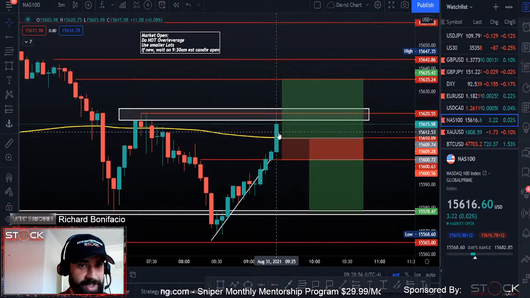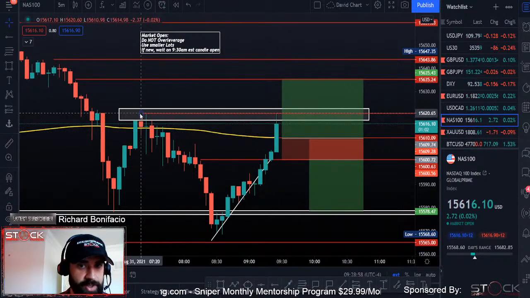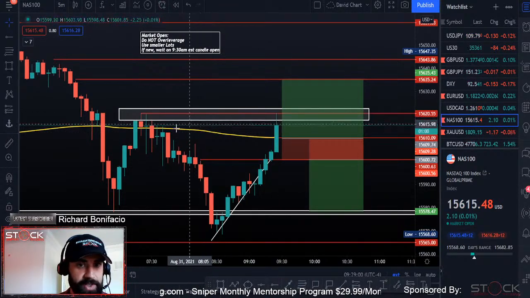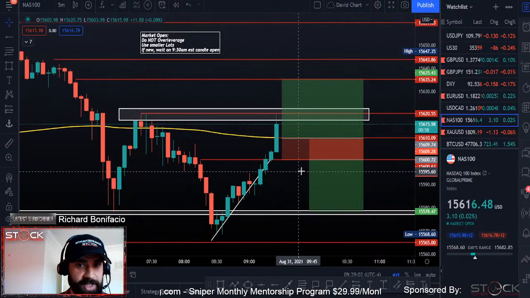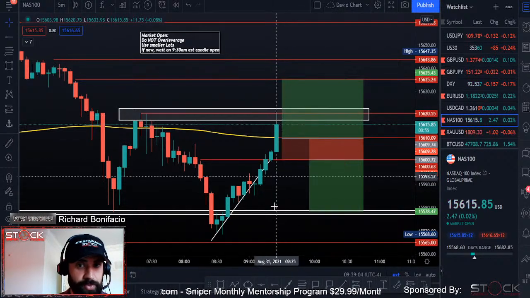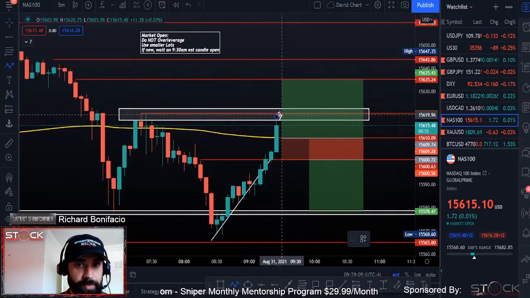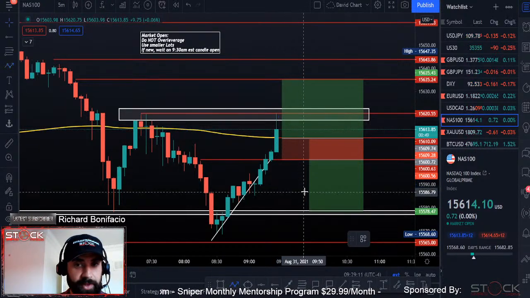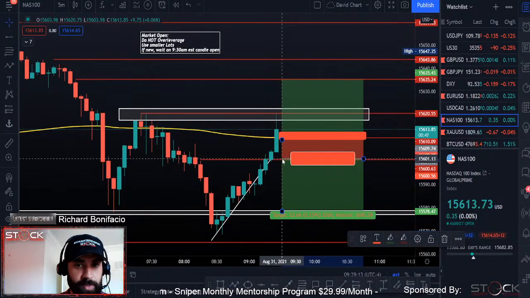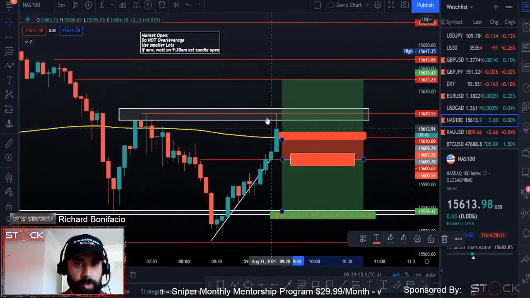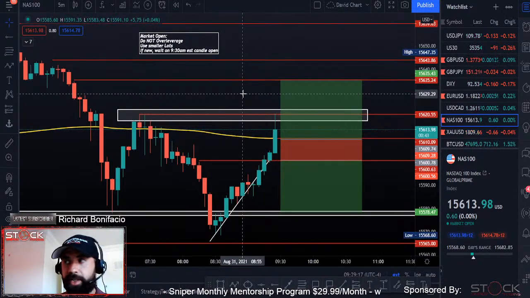I just don't want this thing to get you, because look, it rejected here once, and then it sold off. If it does that, it's either going to push through here, or it's going to come up here, get rejected, and then sell right off. That's why I have both these here, and that's why I'm waiting for the first candle at market open to open. Just play it safe here.